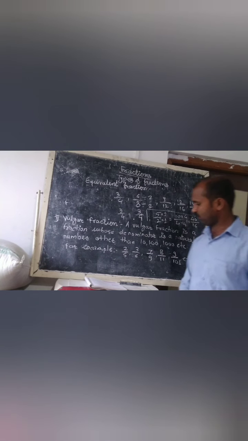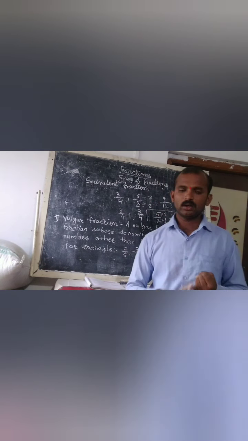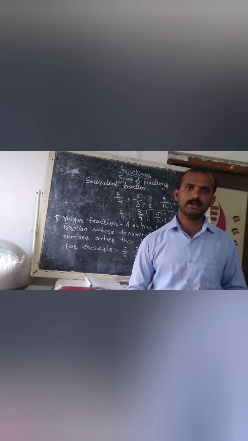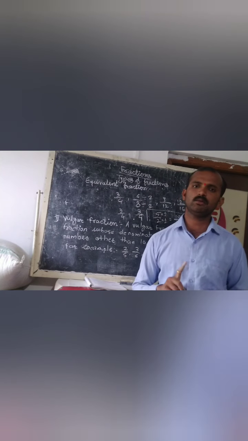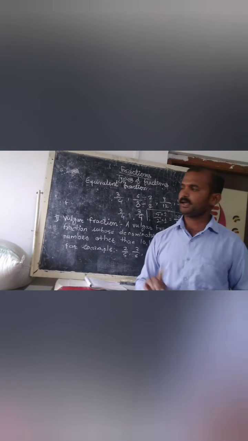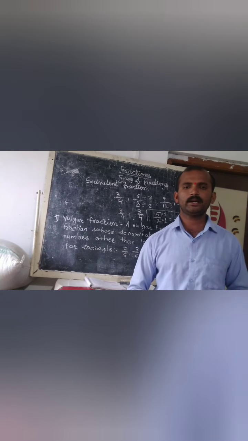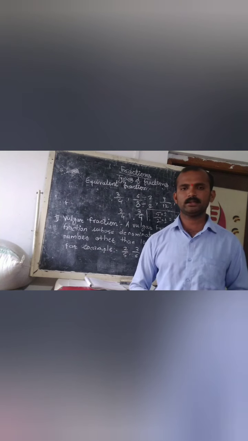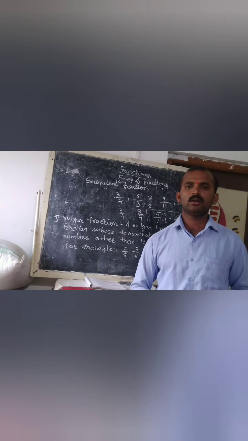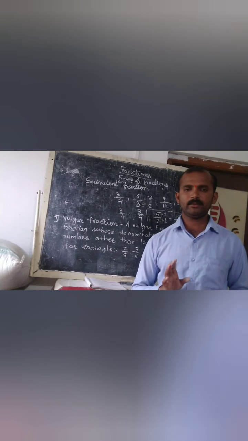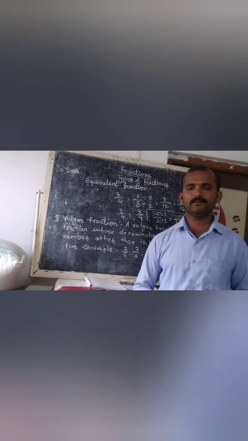So in this way today we learned proper, improper, like, unlike, decimal, vulgar, mixed and equivalent fractions. Now you have to write 7 examples of each type in your notebook, and this assignment or homework you have to keep with you.